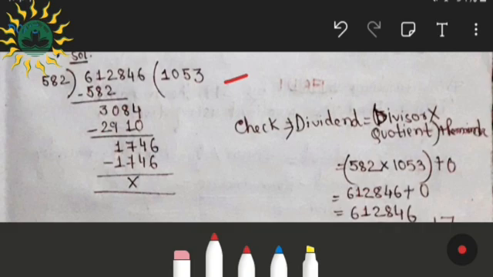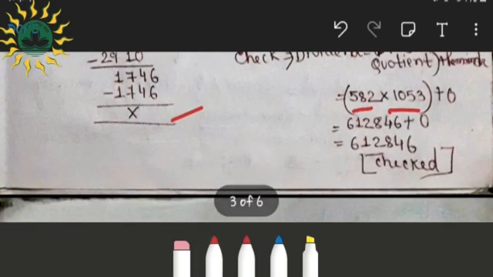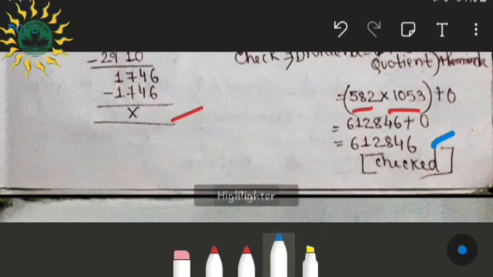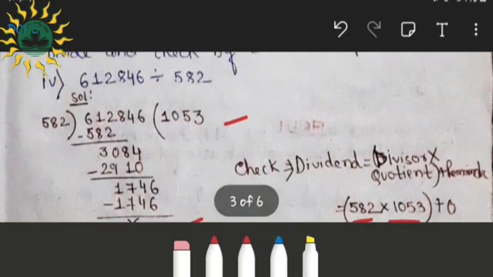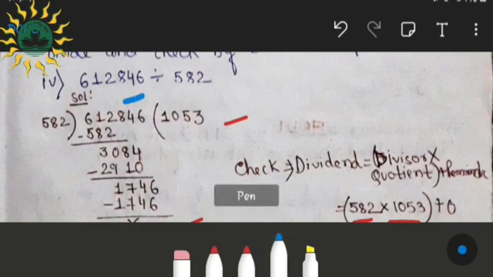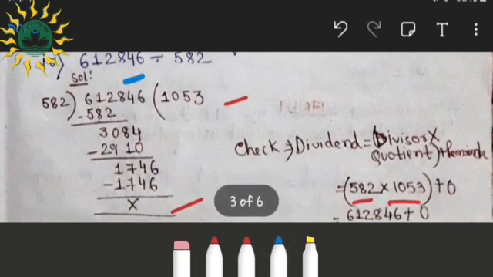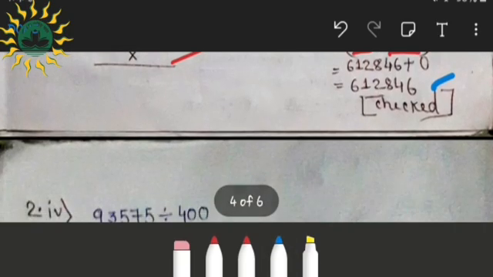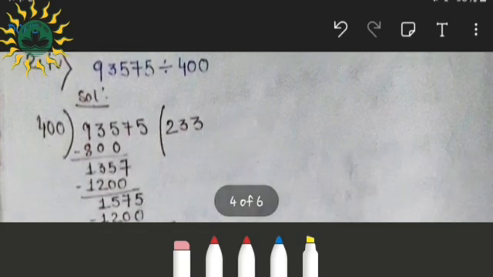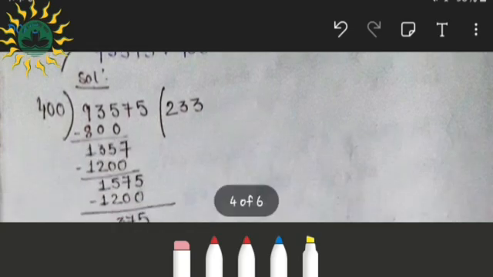So we put our divisor 582 into quotient 1053 plus remainder 0, because here we have got no remainder. So finally we get 612846, which is exactly equal to the given dividend of our question. Clear? So it's checked.